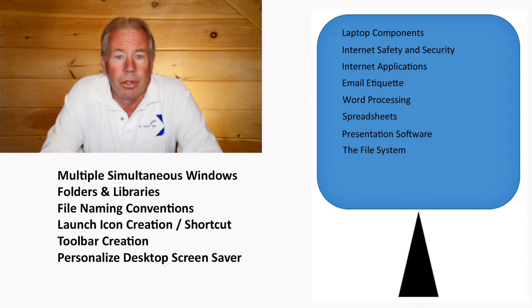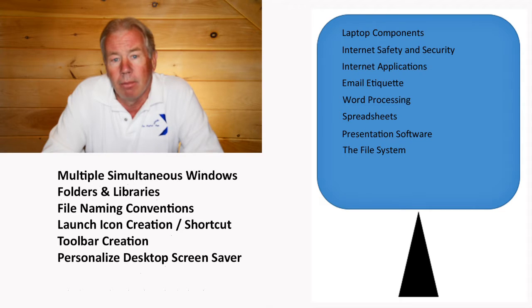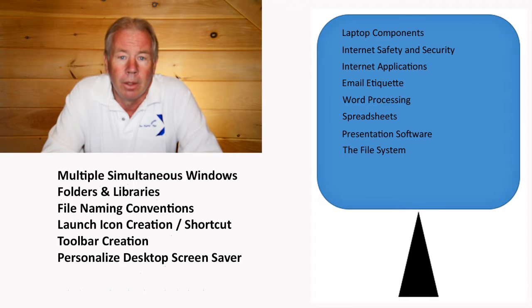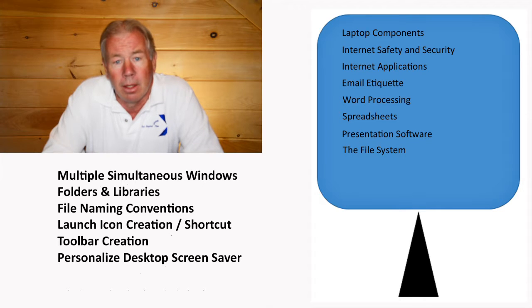Our next section was an important one, wherein we covered the file system. We learned about folders and libraries, how to create a new folder, and how to organize your documents via a hierarchy of logically named folders. We learned how to smartly name your music, your photos, and your videos, and we learned how to create launch icons.